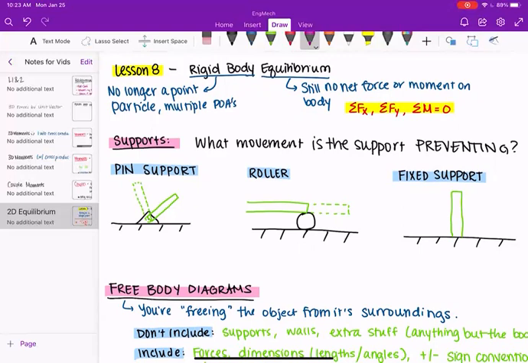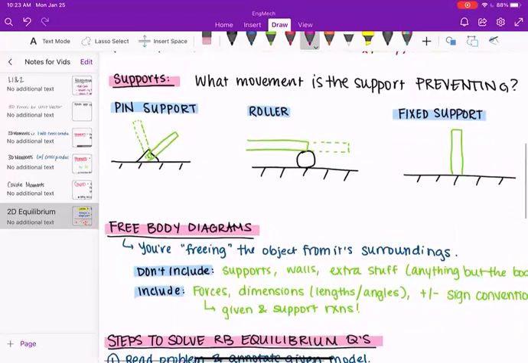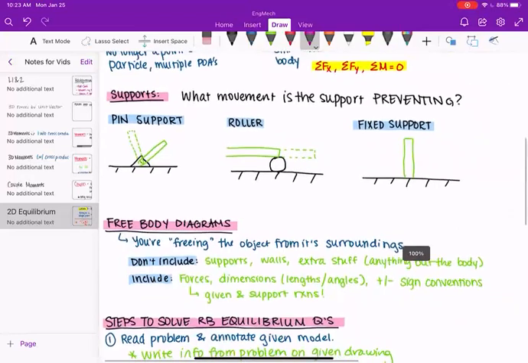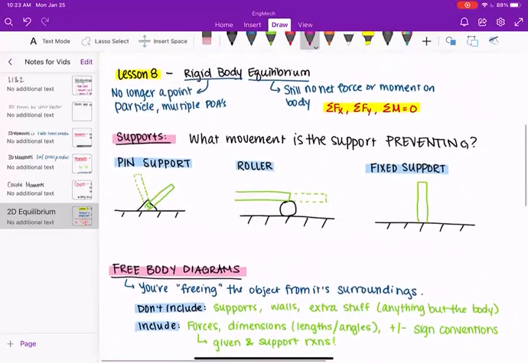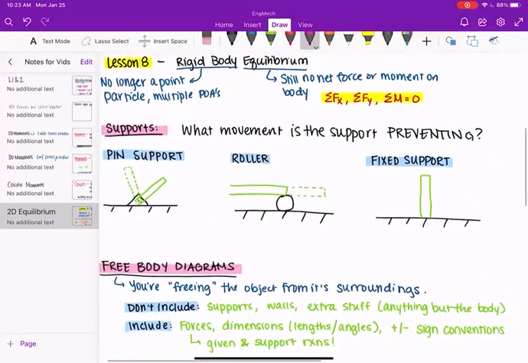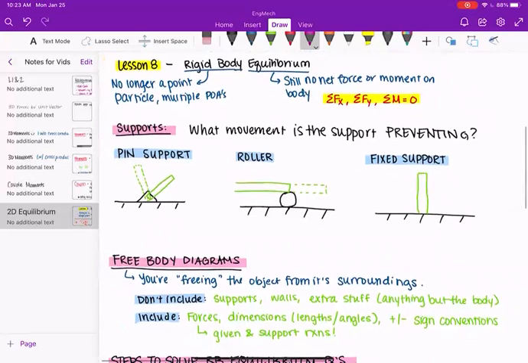Our next step is to separate the body itself from all of its supports. I don't need the support itself in the problem, I need the force that the support is applying to the body.